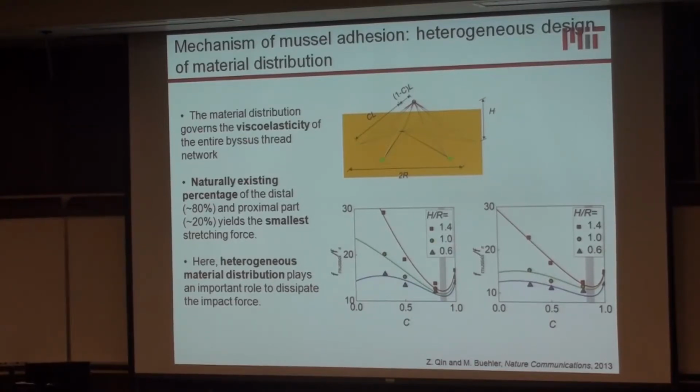But if you have more stiff material, the stiffness of the material will dominate, and that also leads to a larger reaction force. So here it shows that 20% soft material and 80% stiff material makes the optimal case for those creatures to attach to the substrate.